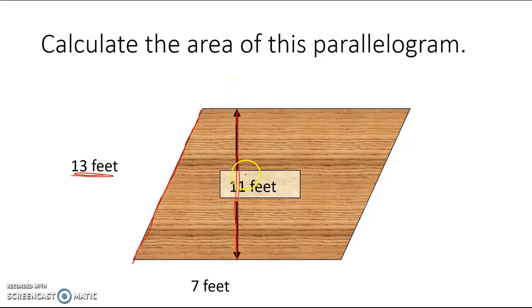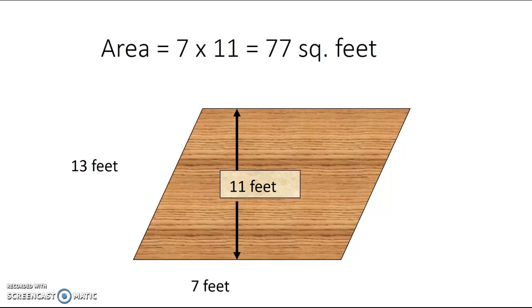And in this case, it's 11 feet. So when I go to calculate the area of this parallelogram, I'm going to multiply 7, my base, times 11, my height, to get 77 square feet, or again, you could write 77 feet squared. That's also fine.